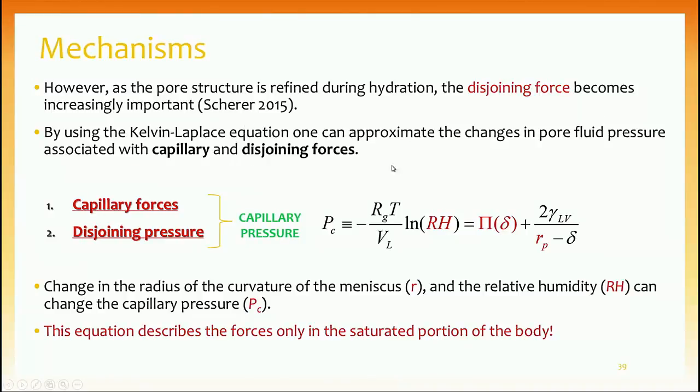And both of these, the disjoining force and the capillary forces, as you can see here, can be called the capillary pressure in the literature, which is shown according to the Kelvin-Laplace equation, and that's related to these two parameters, which were the radius of the pore structure and the disjoining pressure. And once the drying happens, the relative humidity in the system is decreasing, and on this side of the equation we also have an increase in the capillary pressure.